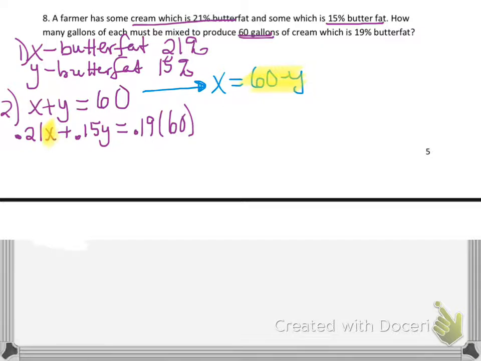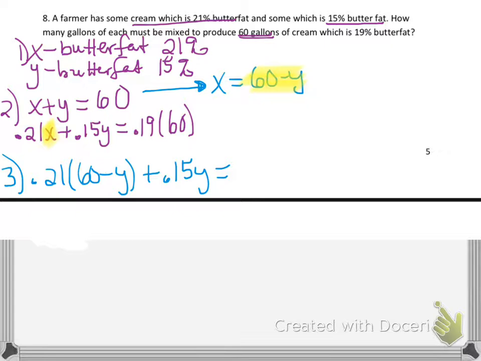Okay, so step 3 is going to be 0.21 times 60 minus y, plus 0.15y equals, 0.19 times 60 is what, 11.4? And then distribute the 0.21 over here, so that you end up with 12.6 minus 0.21y, and you still have the 0.15y equals 11.4.